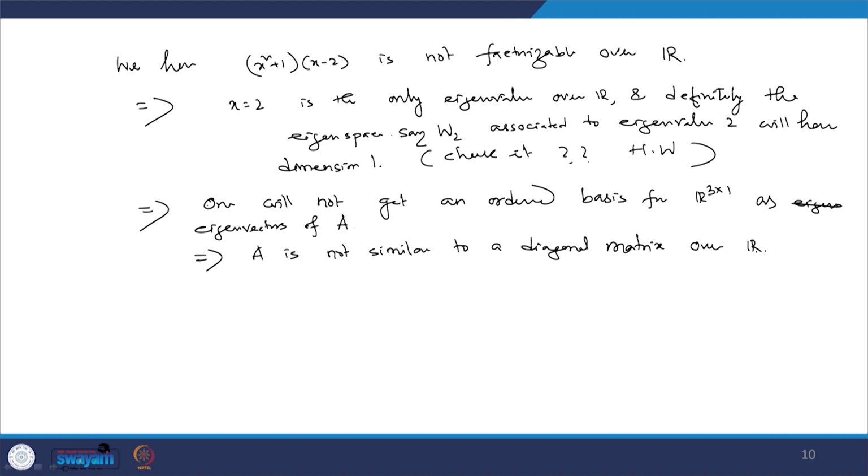You can immediately use the result that the geometric multiplicity of an eigenvalue will never exceed the algebraic multiplicity of the corresponding eigenvalue. The sum of the algebraic multiplicities of the different eigenvalues of the matrix or operator will be the dimension of the corresponding space.